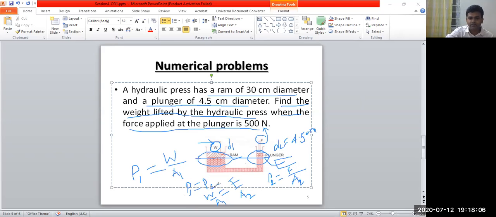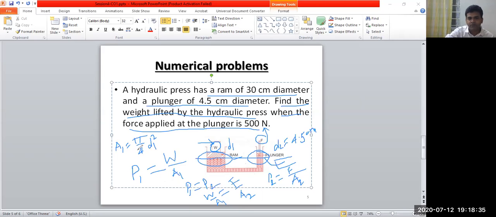So you can compute the value of W from this Pascal's law equation. How to compute A1? A1 is equal to pi by 4 D1 square. The value of D1 is given: for this ram the diameter is 30 centimeter, that is 0.3 meter.